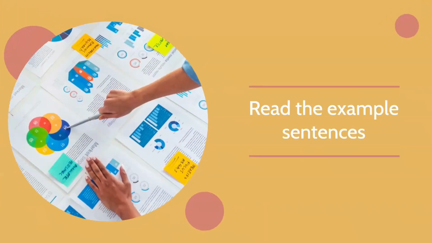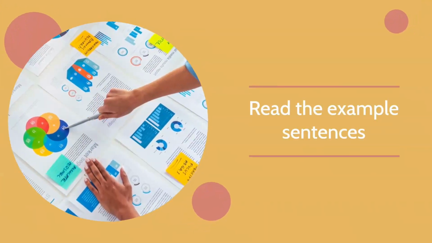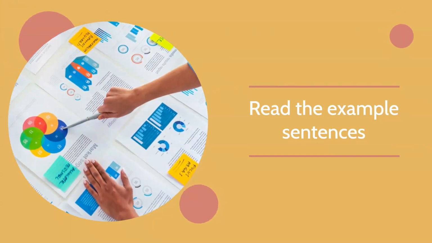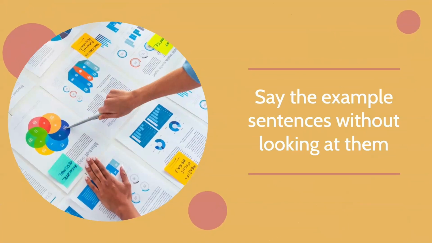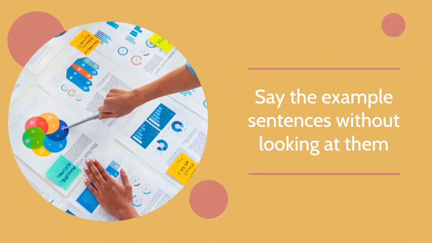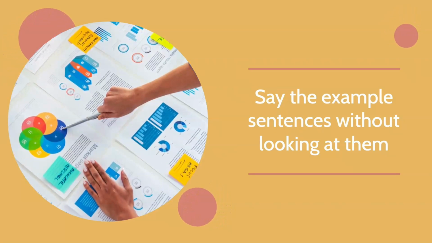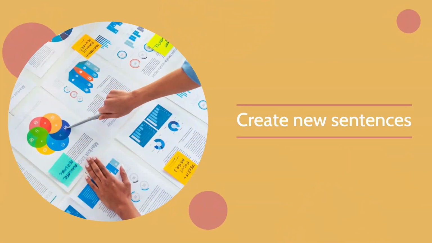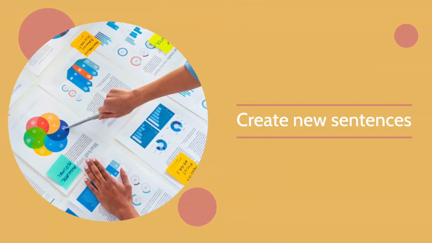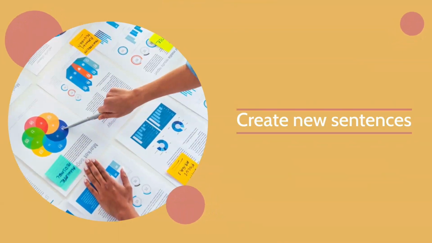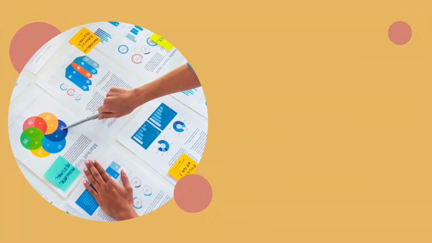The third step is to read the example sentences a few times. Next, you can try to say the sentences without looking at them. And the last step is to build new sentences with each new term. These simple exercises will help you add the new words to your active business German vocabulary.